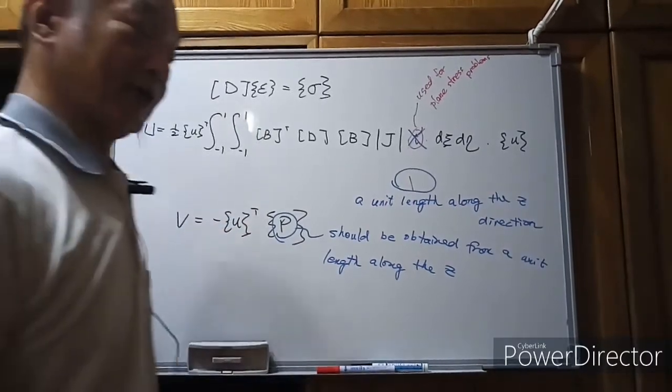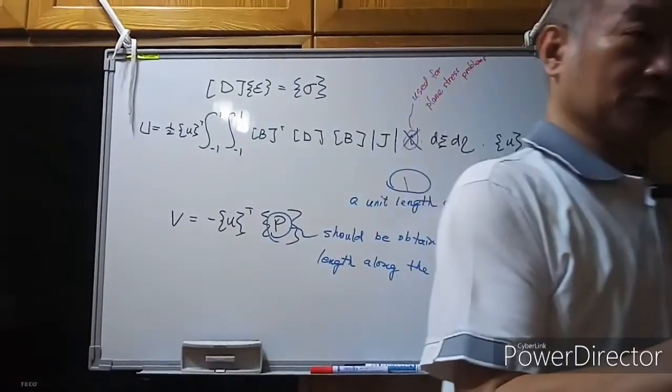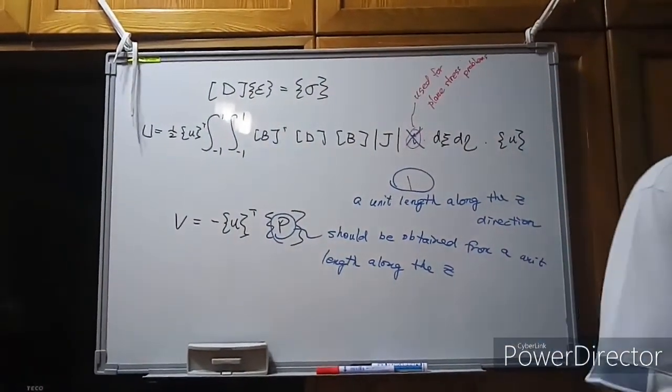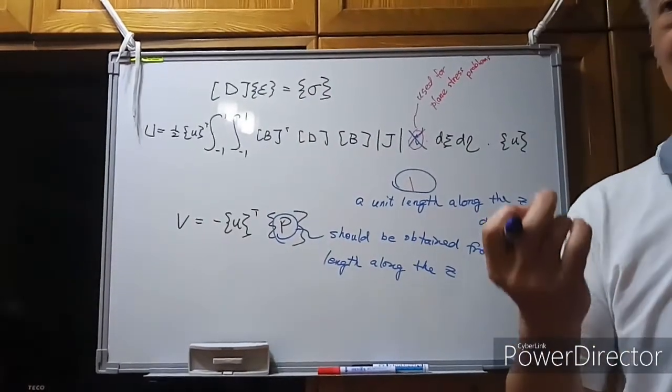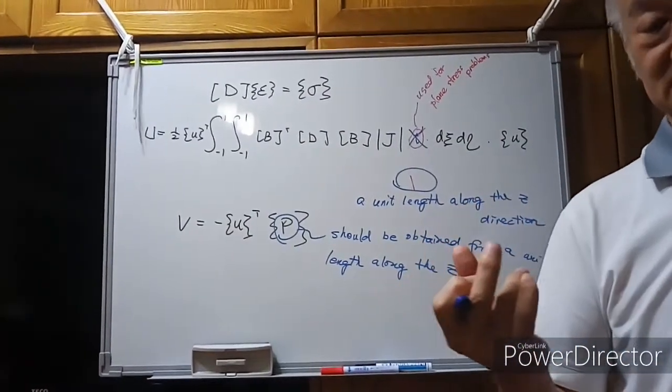Also, when you calculate the P vector, it will be the results from a unit length along the z direction.